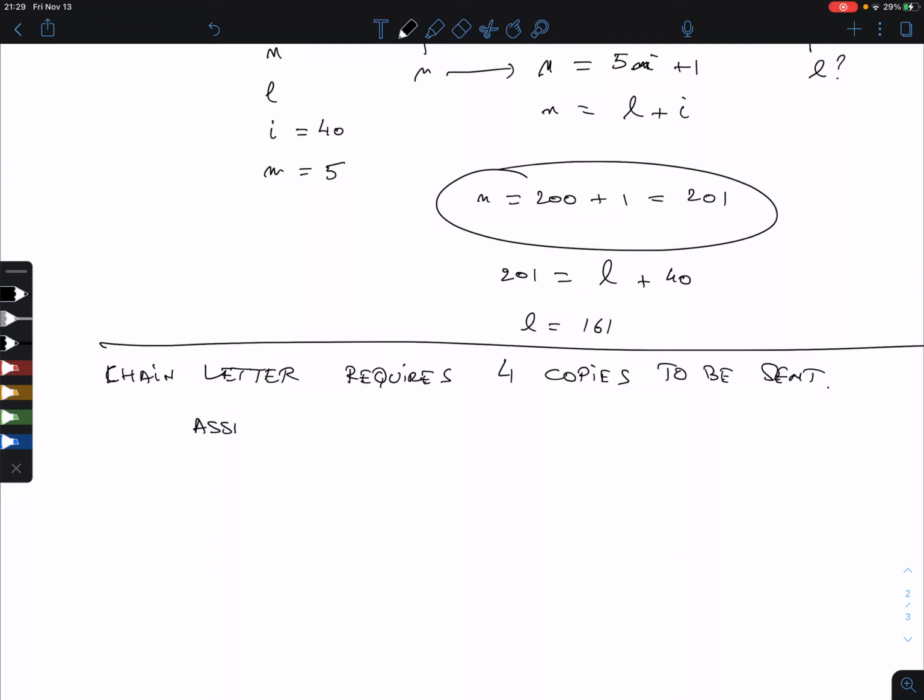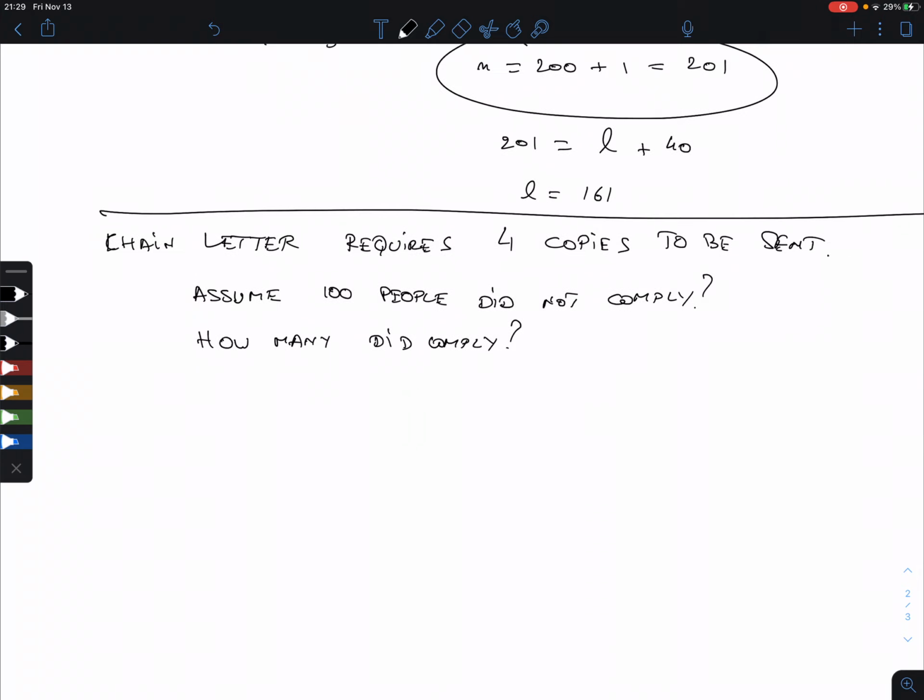Assume 100 people did not comply. How many did comply? And when I say did comply, I mean sent the letter, so including the root. Okay, so same question, but now the actual question where it should have been 4 and 3.